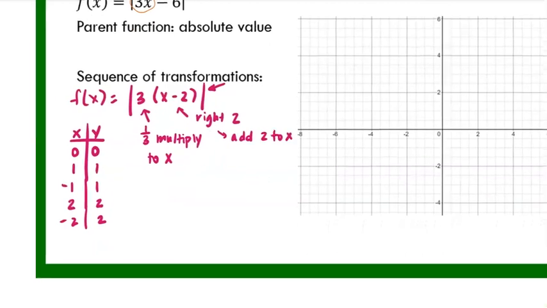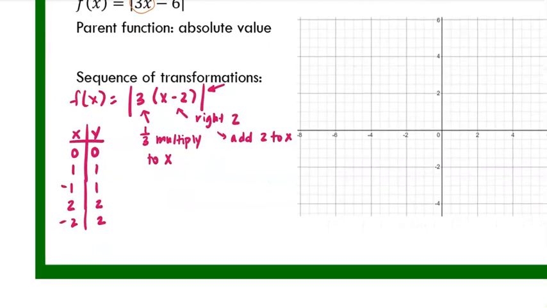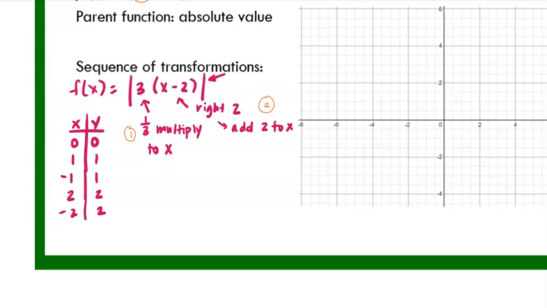So that'll tell us the sequence right there. So number 1, we take the x's and multiply them by 1/3, and then we go right 2 on it. That gives us a sequence of what to do.